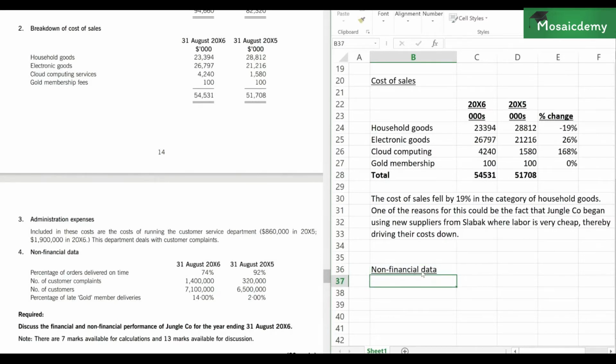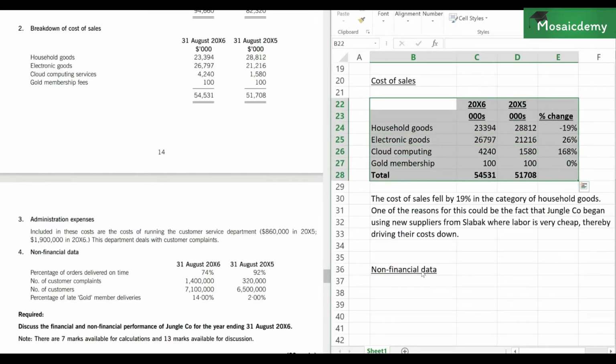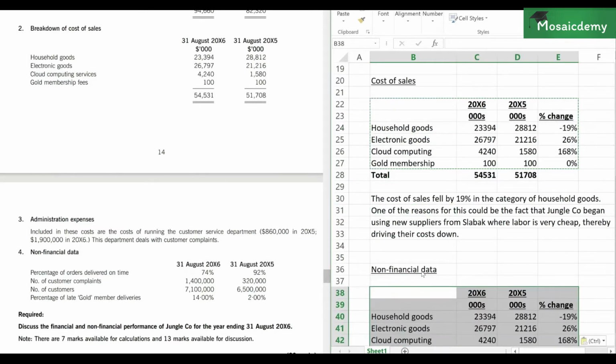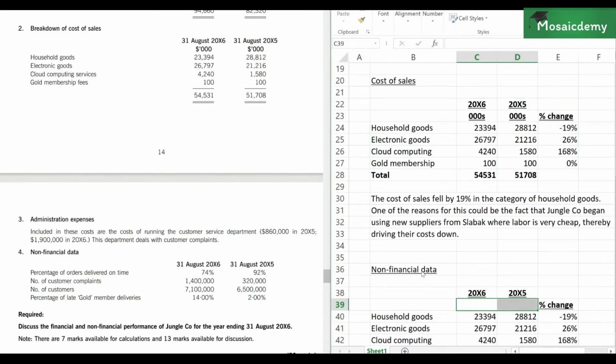Okay, once again, we can just copy. We don't need the total here. We just copy these numbers, and the thousands column is not relevant, so we can remove that.